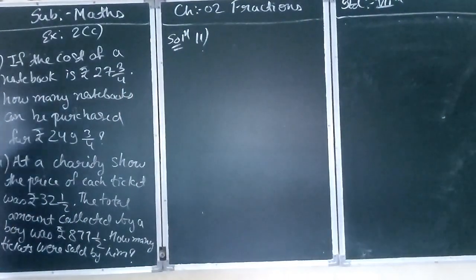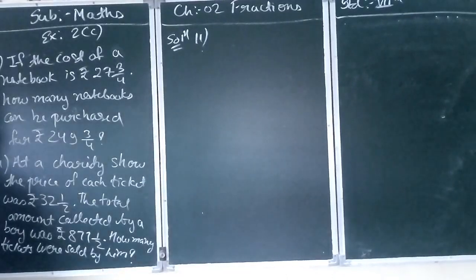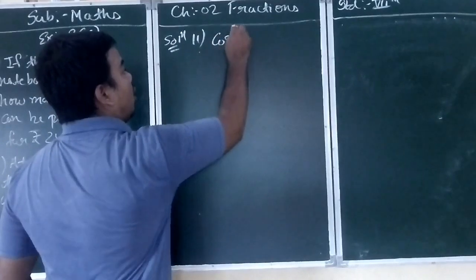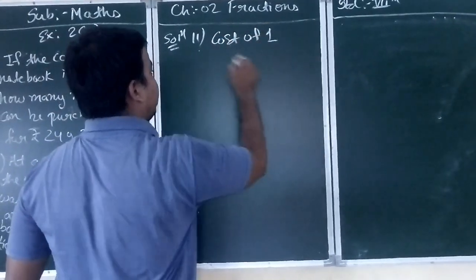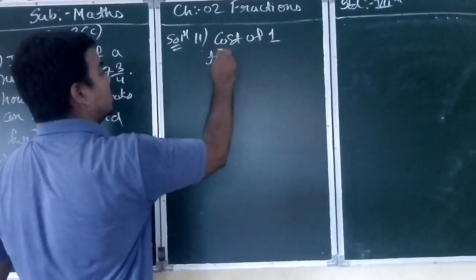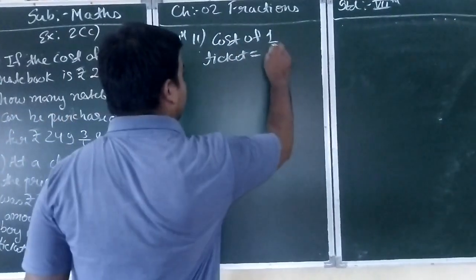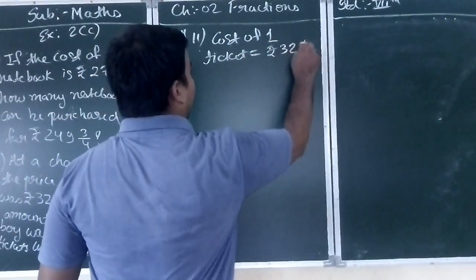Now we see question number 11. At a charity show, the price of each ticket was rupees 32 1 by 2. Cost of one ticket is equal to rupees 32 1 by 2.